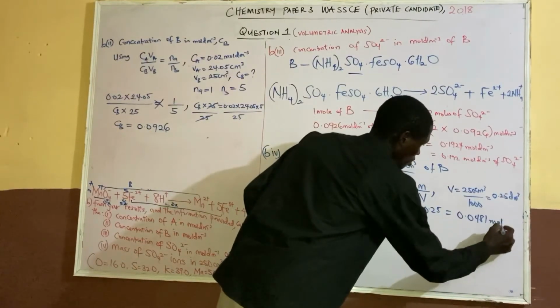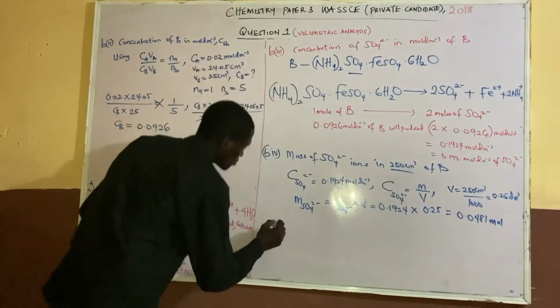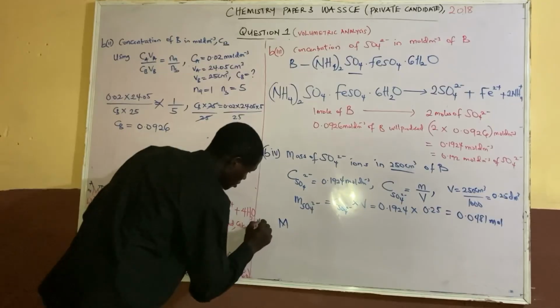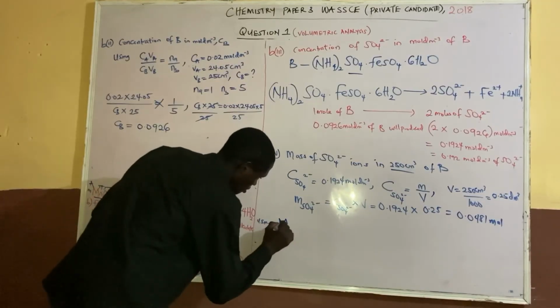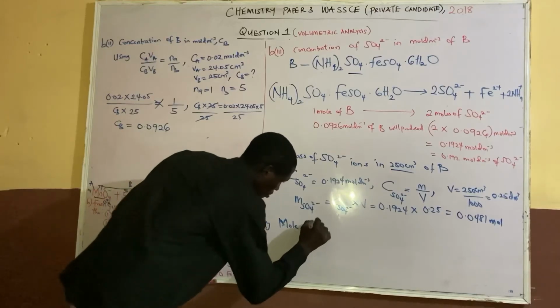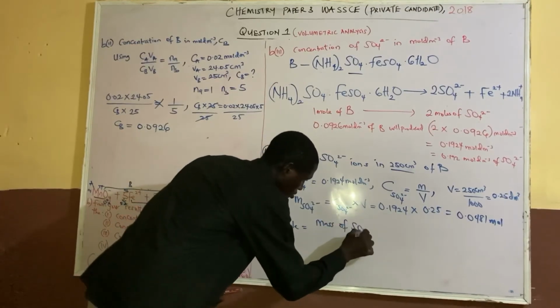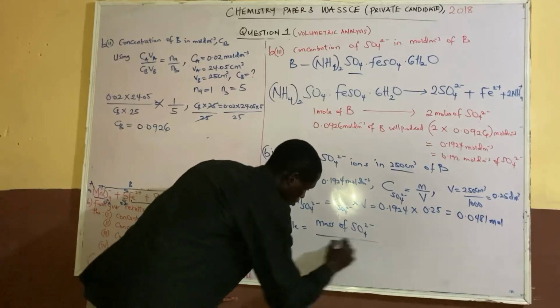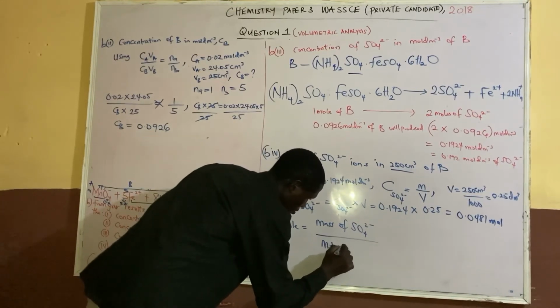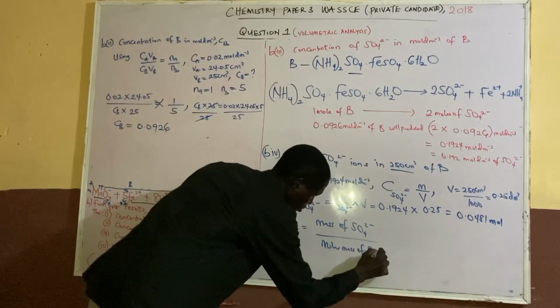So this is mole. We have moles, so we can now use the formula: mole equals mass over molar mass. Mass of SO4 2 minus over molar mass of SO4 2 minus.